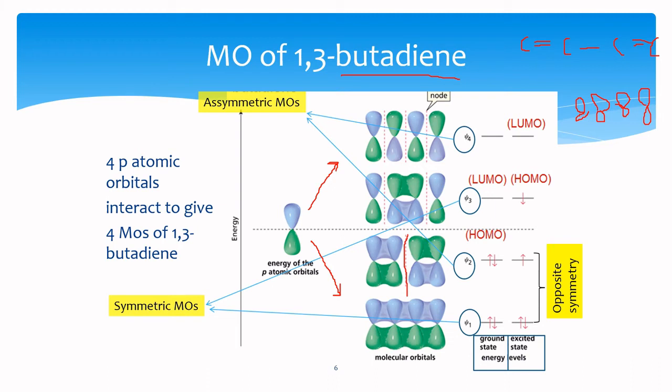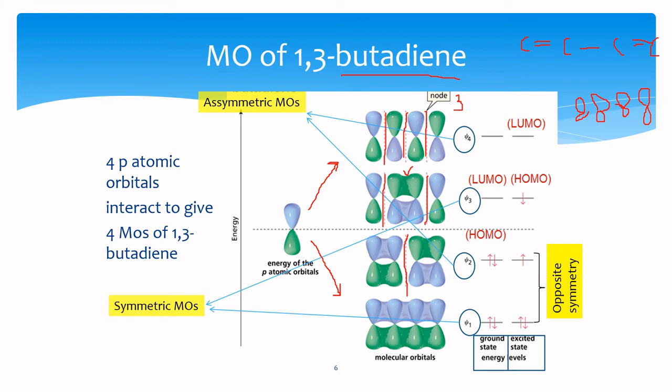In this case, we have one overlapping p orbital, but we have two nodes, which means it is still anti-bonding because we have two nodes, greater than one bonding. And then in the highest energy level molecular orbital, we have four p orbitals that are not interacting with each other, so it results in three nodes.